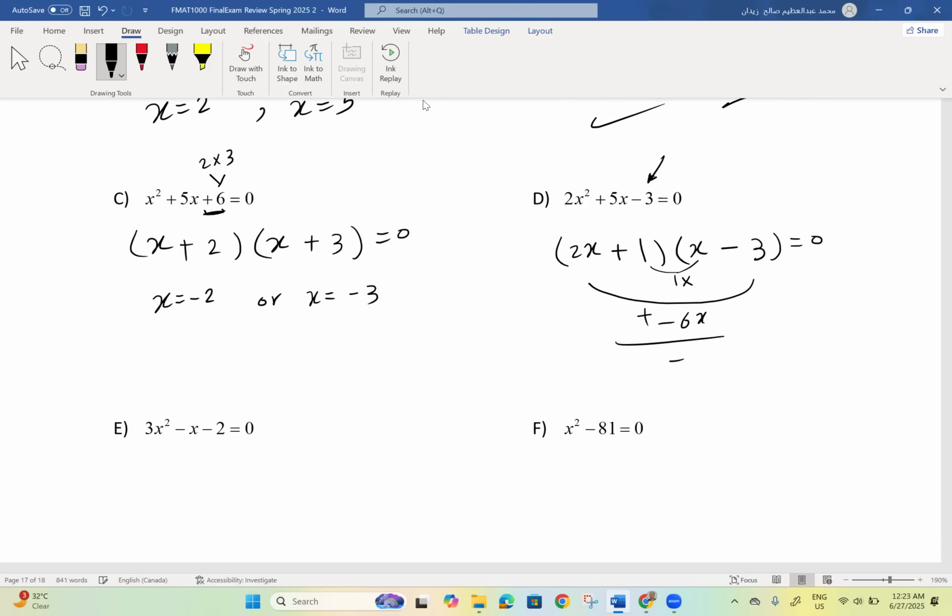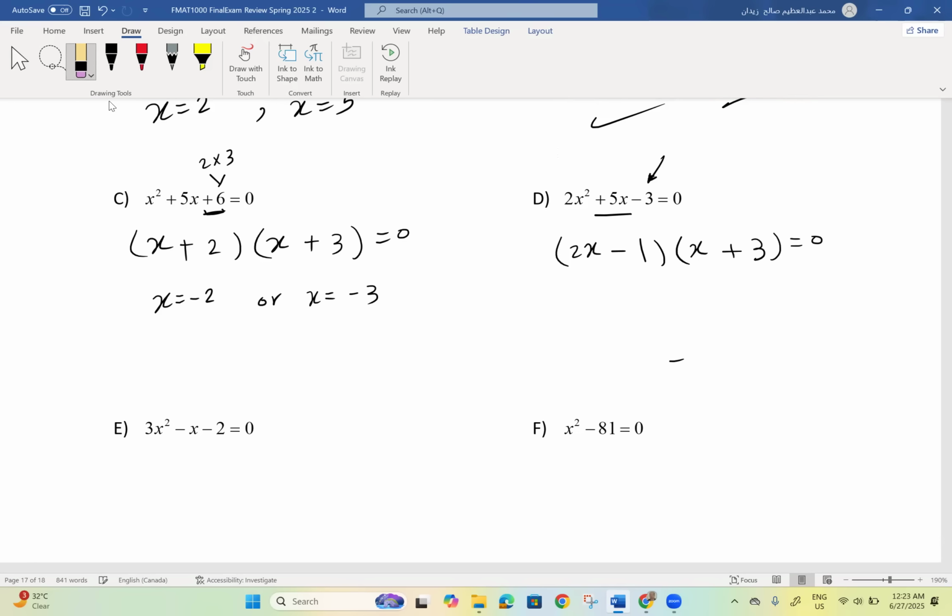The sum of them is negative 5x. Oh, the middle term is positive, so in this case, you have to switch the sign. Make it minus and plus to get negative 1x and positive 6x. So the sum is positive 5x. Now your factorization is correct.